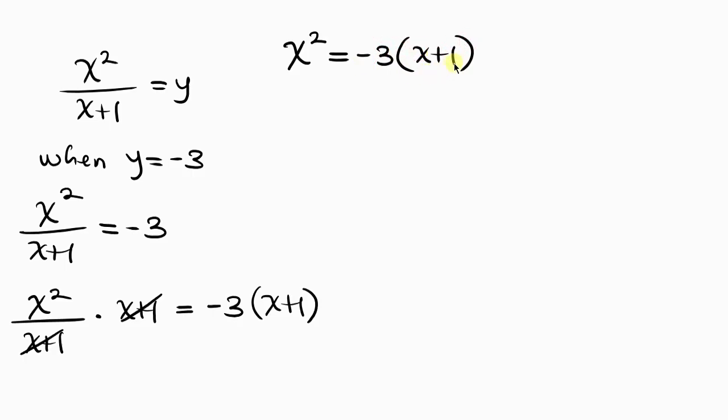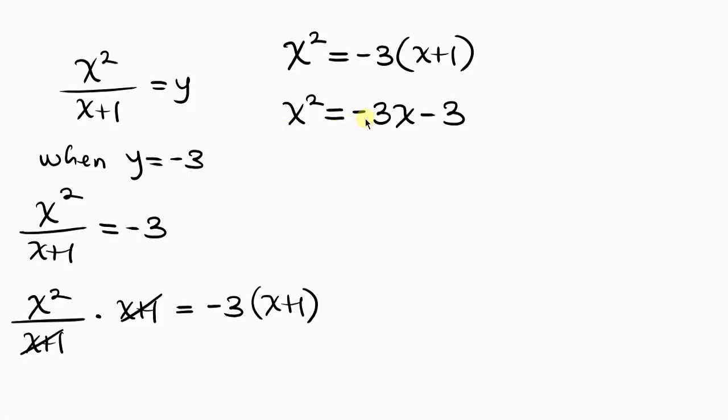Now let's open up this bracket. We have x squared equal to negative 3 times x, which is negative 3x, and then negative 3 times 1, which is negative 3. So we have a quadratic expression again. And we're going to be moving what we have on the right to the left-hand side.